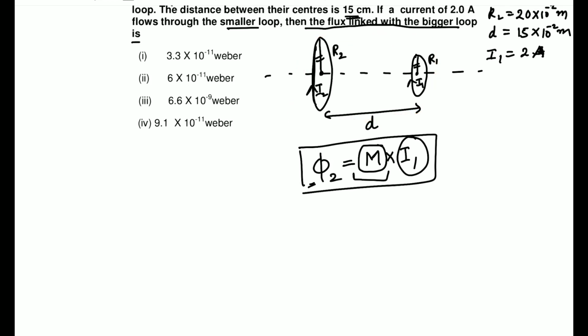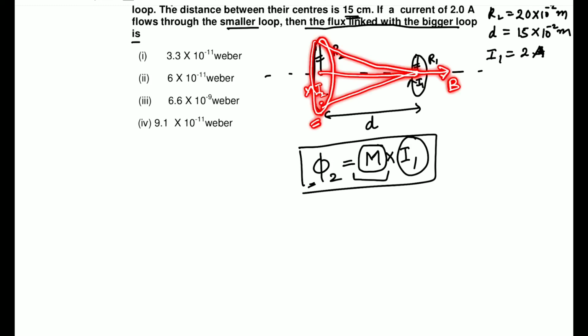That is, for any two particular loops, the mutual inductance will be the same for any two particular configurations, right? So what I will do here, because of this I2 current that is flowing through this loop, I will talk about the magnetic field at the axial position here, right? At this axial position, we know the magnetic field will be in this direction because of the current flowing through your second loop.